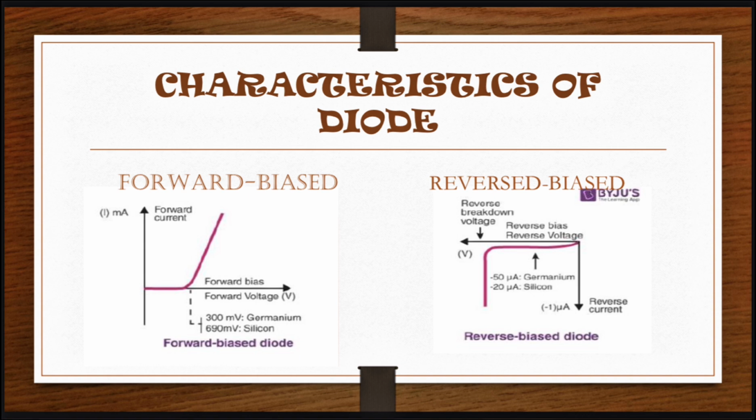While on the right side, we see the reverse bias condition. When the reverse voltage of a diode is increased from the start, there is a very slight change in the reverse current. At the breakdown voltage, current increases very rapidly. The voltage across the diode remains reasonably constant at this time.